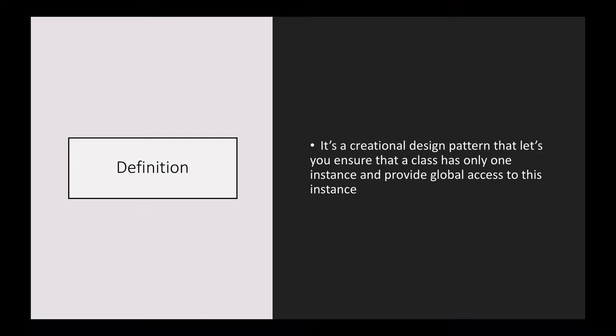And there is only one and only one way to access it globally from anywhere in the code. So let's have a look at the UML diagram and the general way of implementing this pattern. Then we will quickly look at how to implement this using enumerations in Java.